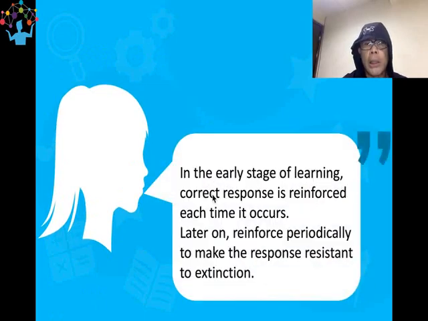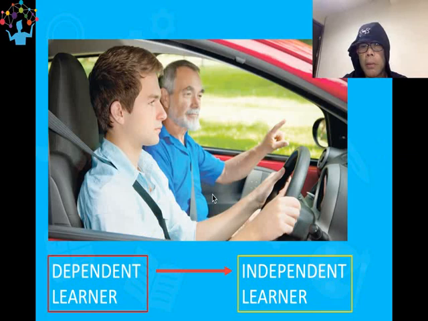The next is, in the early stage of learning, the correct response is reinforced each time it occurs. Later on, reinforce periodically to make the response resistant to extinction. To make it simple, remember when you were doing your driving lesson. At first, your driving instructor will be telling you what you're supposed to do, telling you you're doing the right thing, or you're doing the wrong thing. So you're very much dependent on your instructor as a learner in driving.